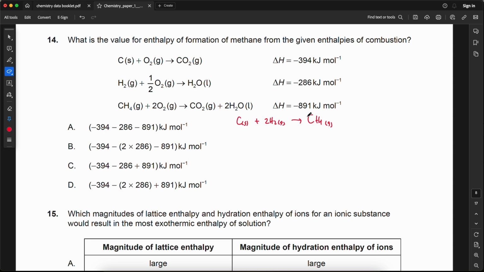It should be at their standard states for C and H. As we can see, C is on the left side, so it's good, it should stay the same, coefficients also the same. And H2 is on the left side, but should be double, therefore times 2. And CH4 is on the right side, but here it is on the left side, so we need to reverse. Okay, let's write back down the equation.